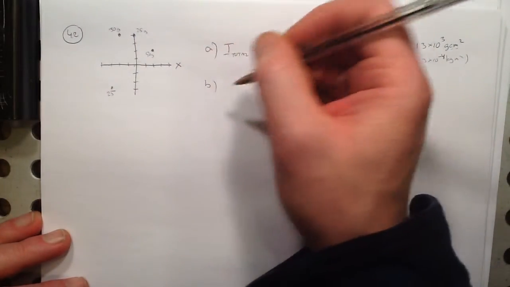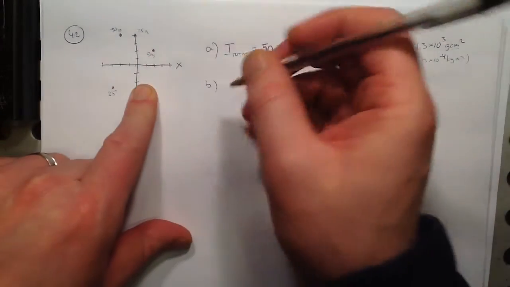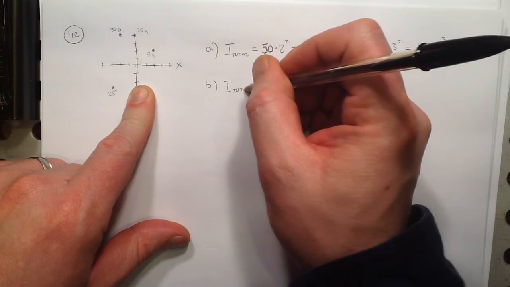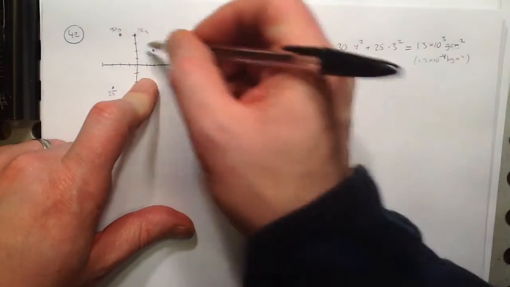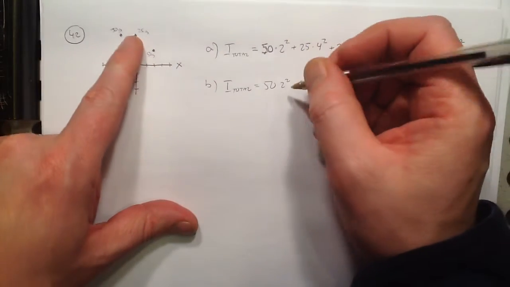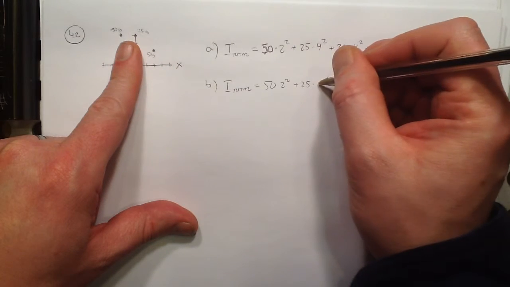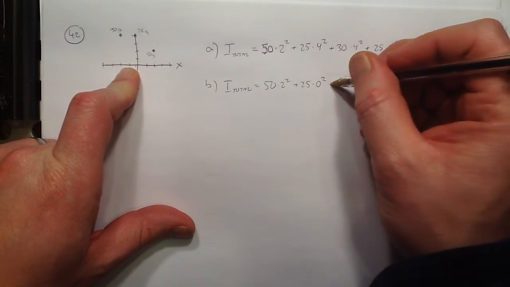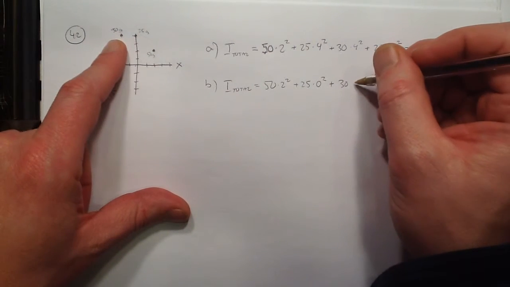All right, B. What if we rotate it around the y-axis? So now the x-coordinate is the one that matters. The 50, this one is still 2 units away from that axis. The 25 gram particle is actually on the axis, so it doesn't have a moment of inertia. The 30 gram one is a distance of 2 away.